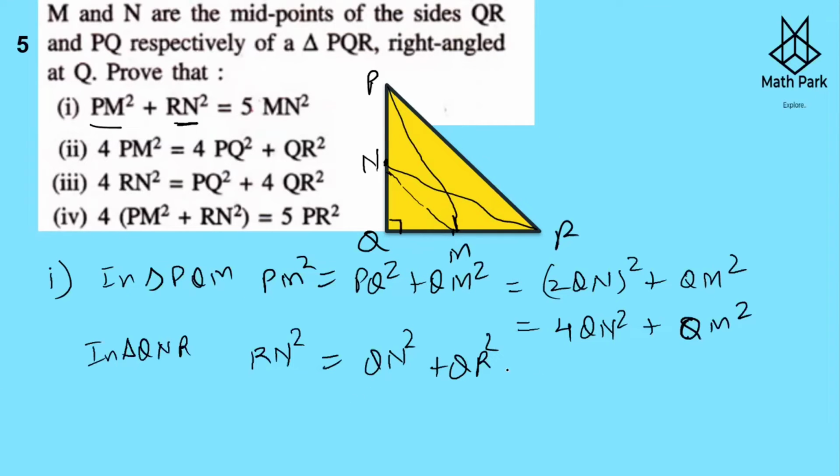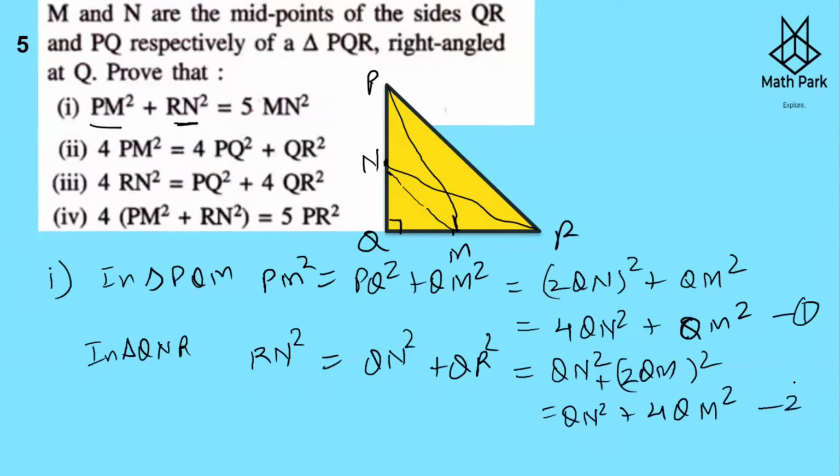So QN square stays as it is, and QR square can be written, instead of QR, as 2QM the whole square, which is QN square plus 4QM square. Got it? This was my equation number 1 and this is my equation number 2.